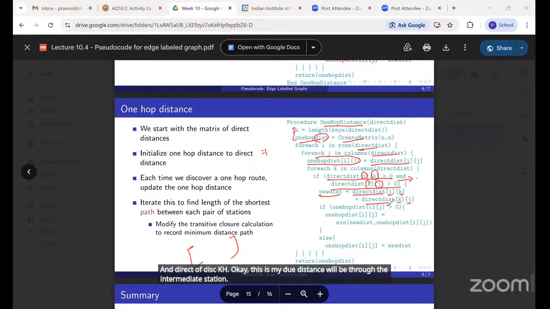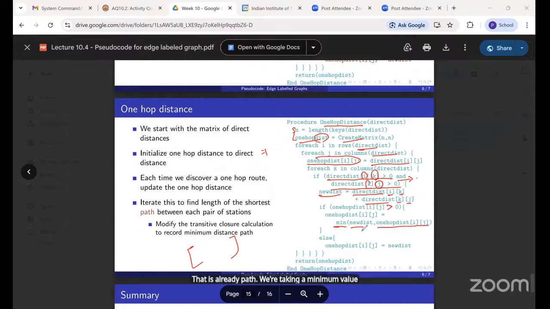That means there is already some distance existing. In that case, you are taking the minimum of the new distance and the existing value of i, j. Else, you are initializing it with the new distance, whatever you have computed.